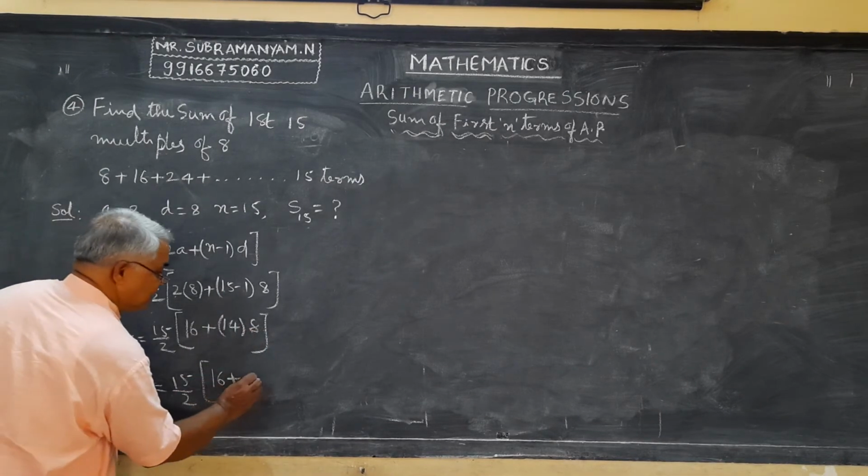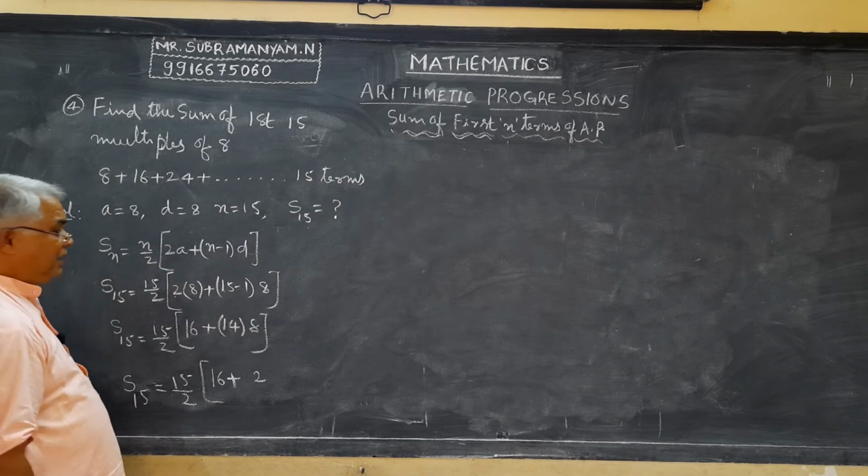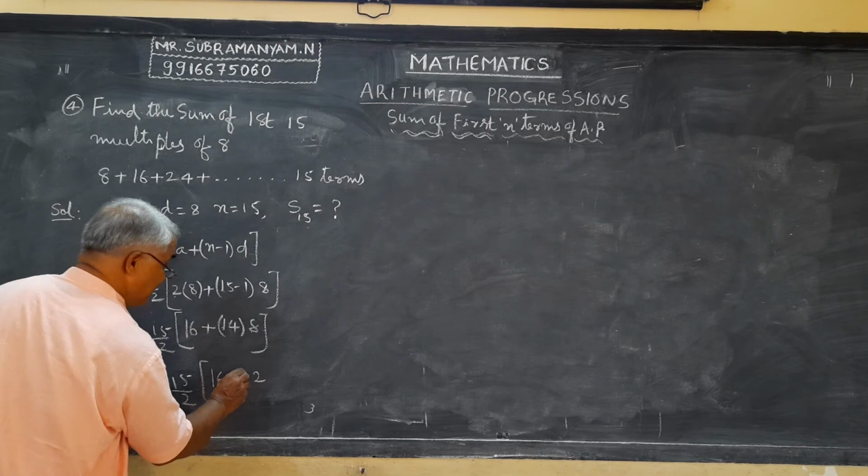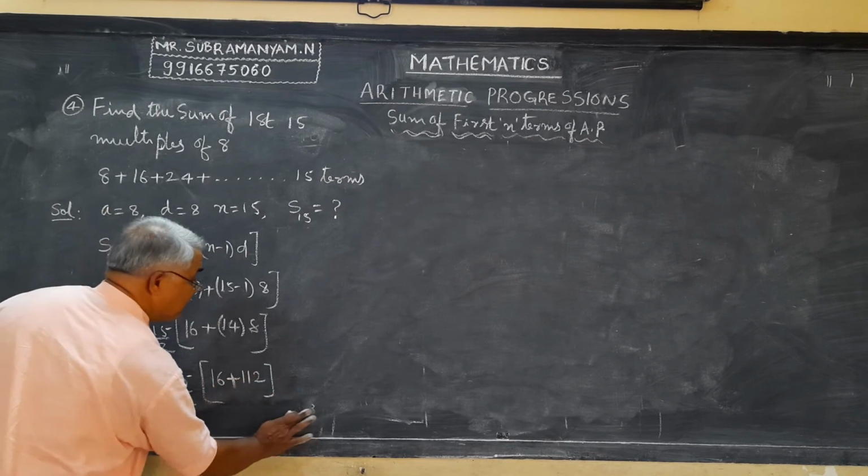4 8s are 32, carry 3. 8 1s are 8 plus 3, 11. Next.